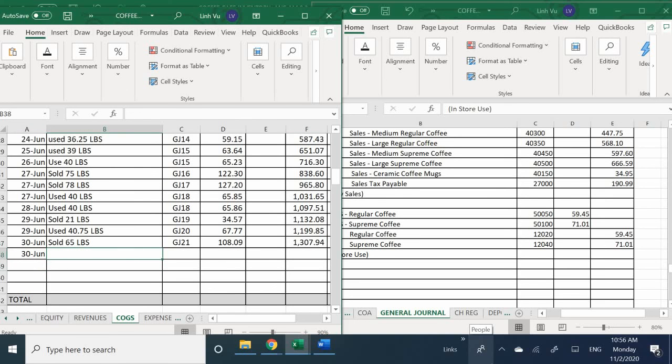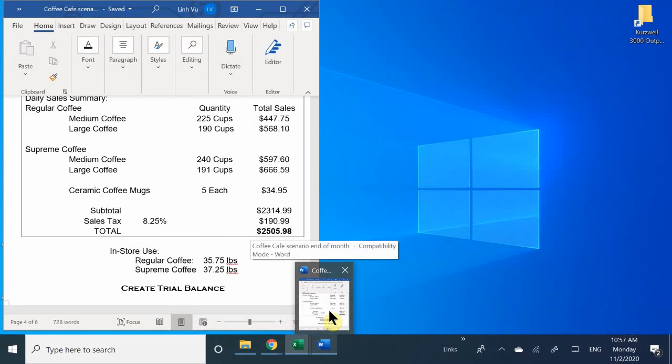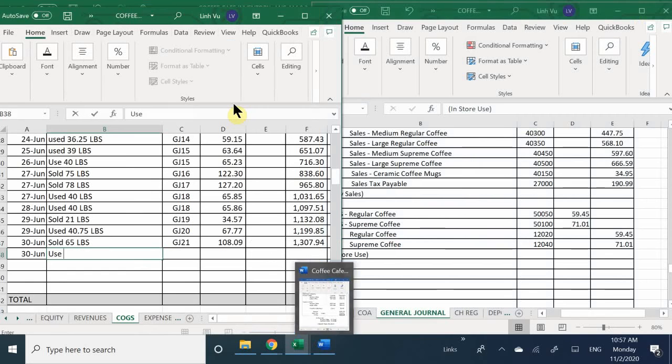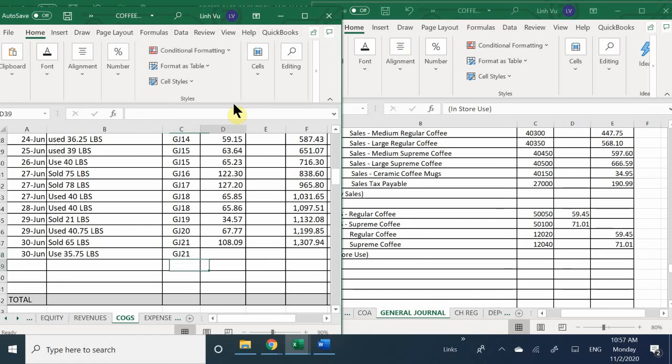So how many pounds did I use for regular coffee? It was 37 point something. That is for Supreme Coffee. And the other one was for regular coffee, 35.75. Okay. So what was my amount that I sold?